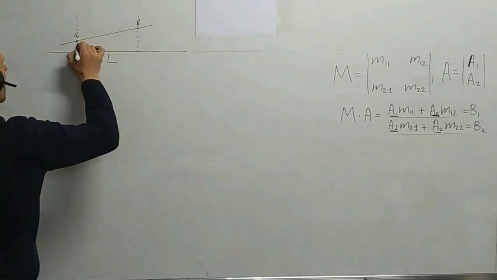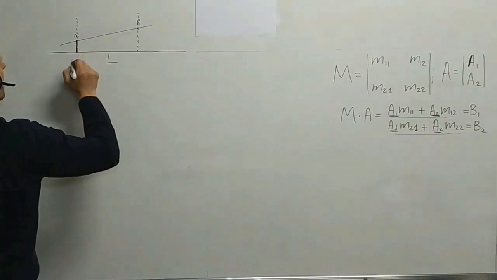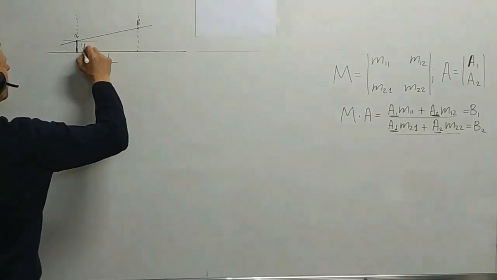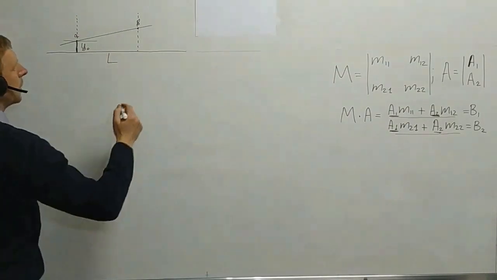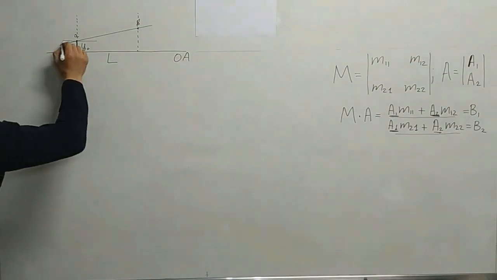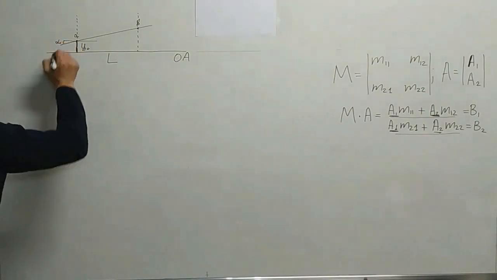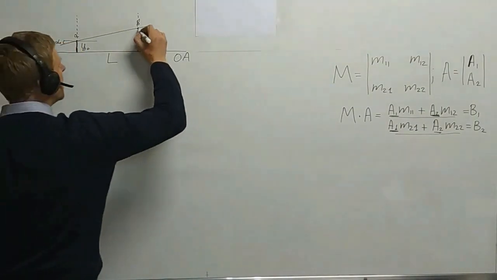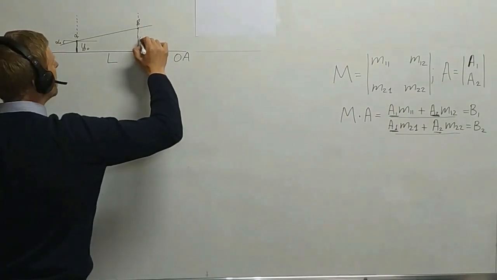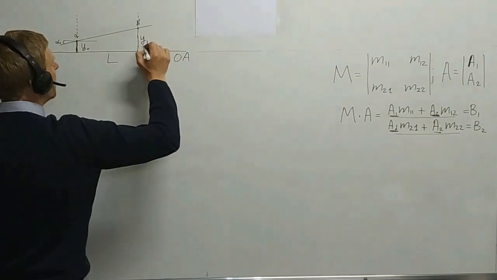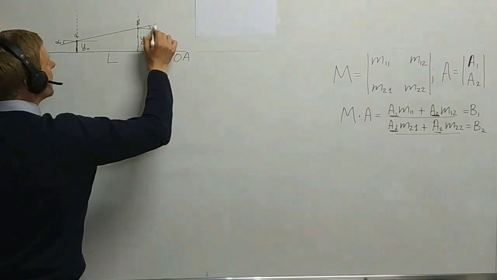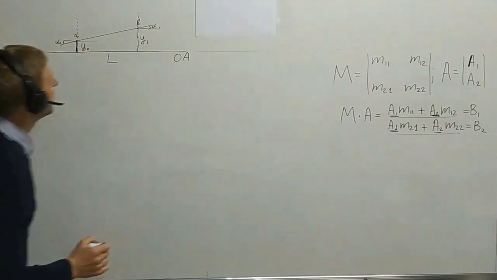At point A, the ray is characterized by its height y0 above the optical axis and some angle alpha 0. The same for the point B. It is characterized by position y1 above the optical axis and angle alpha 1.